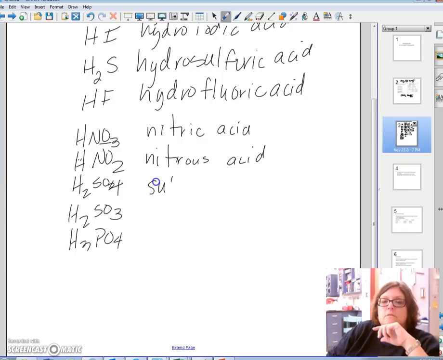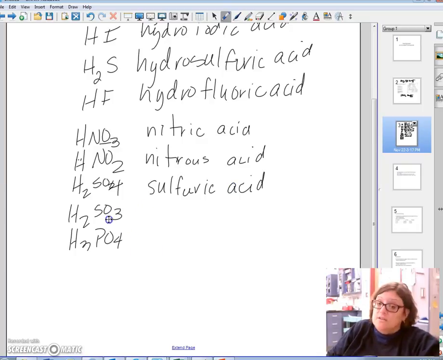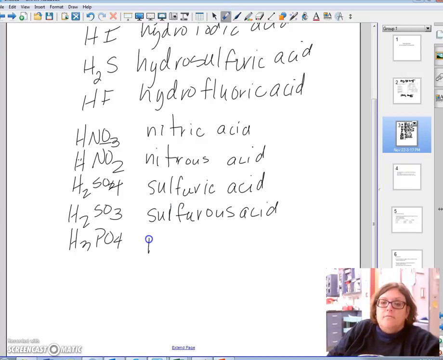Sulfate, we're going to drop the ate, and really this is one of those that's kind of bizarre. It should be sulfic acid, but for some reason we leave the ur in there, so it's sulfuric acid. That's just kind of a wonky one. If this is sulfite, guess what he's going to be? Sulfurous acid.